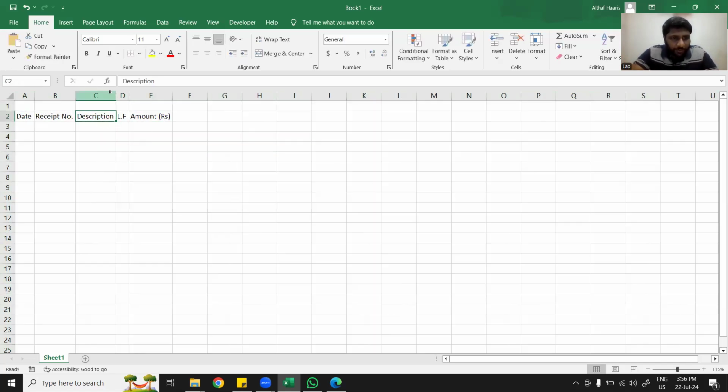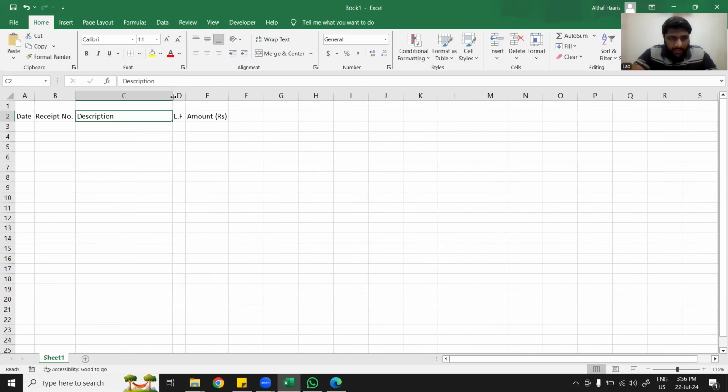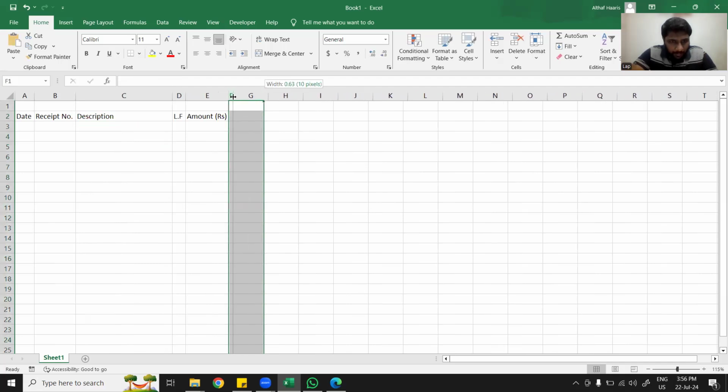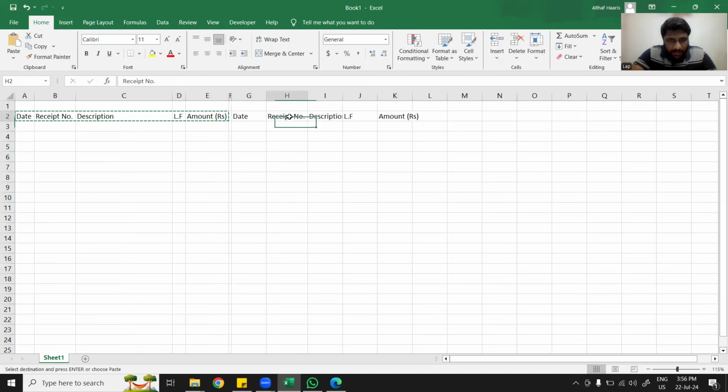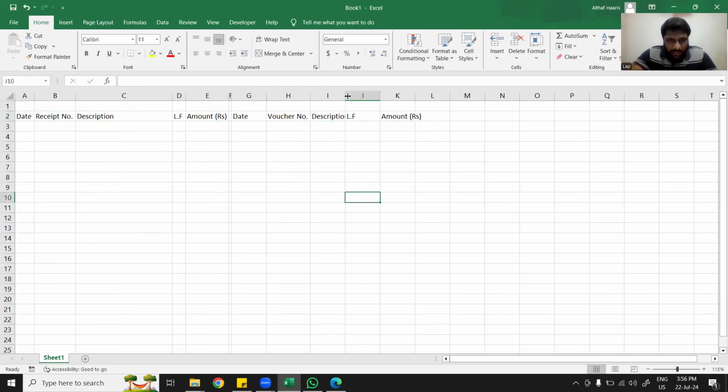The description should be a little bigger. Keep it a little bigger, like this. And the same thing, I'll copy and paste it over here. I'll change this to voucher number, because for payments you will have the voucher number. And here also keep the description a little bigger.